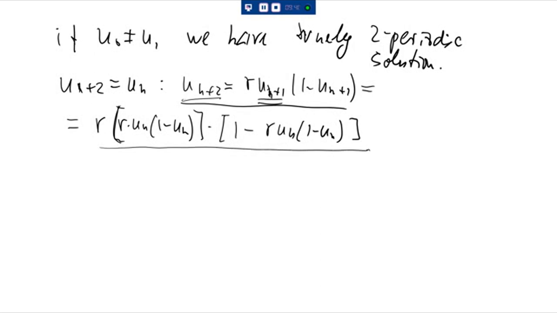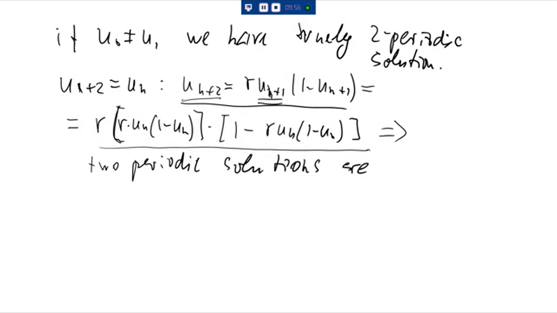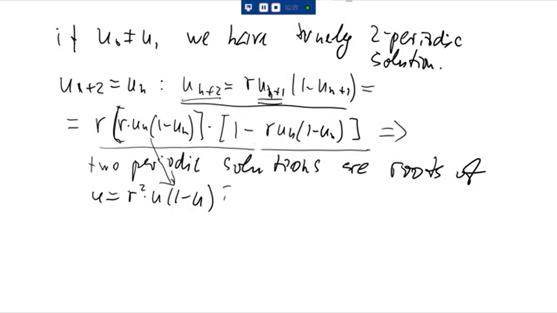On the other hand, un plus 2 equals un, and therefore two periodic solutions are roots of the equation u equals r squared times u times 1 minus u, it is this term, and times 1 minus r u times 1 minus u.